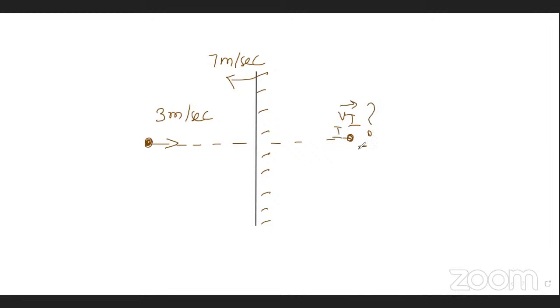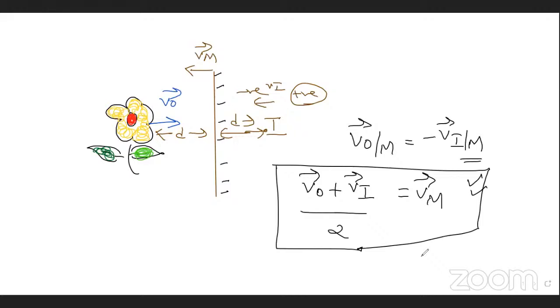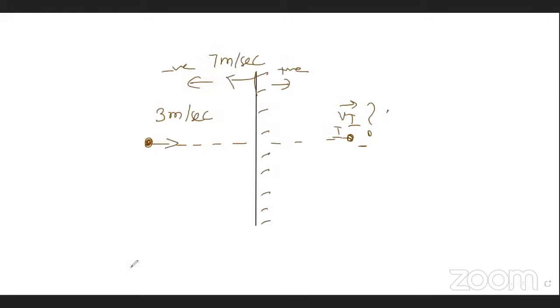Of course, you will take this as positive direction and this as negative direction. Can anybody answer, students? What is the velocity of this image? I want your answers now. This is a live question in front of you. Use this formula.